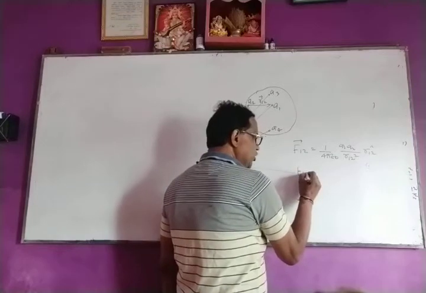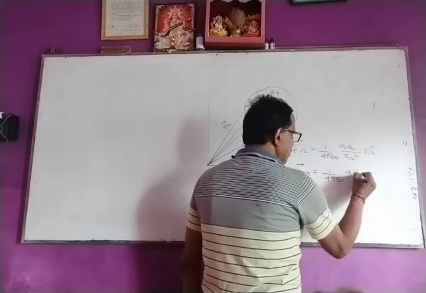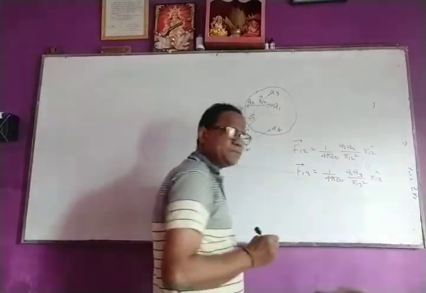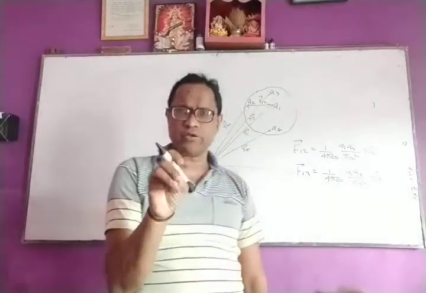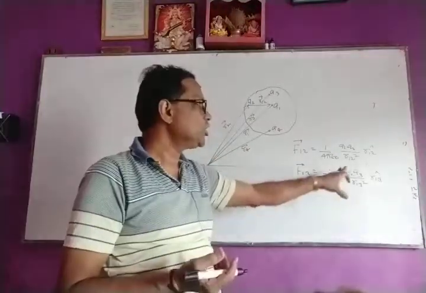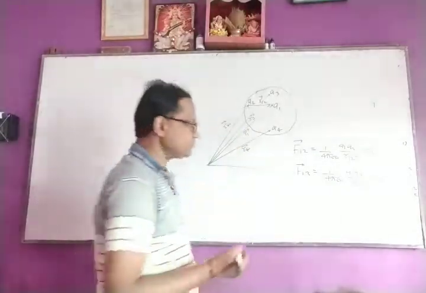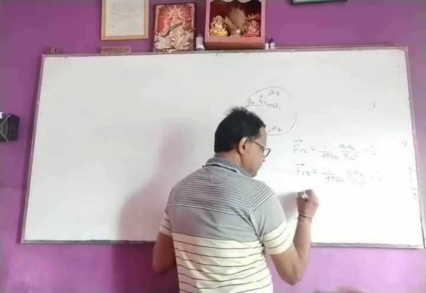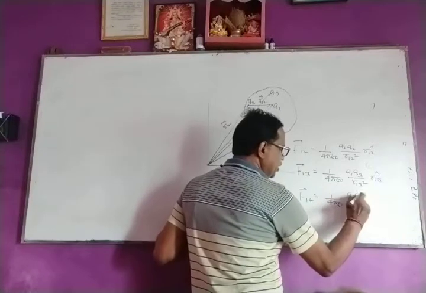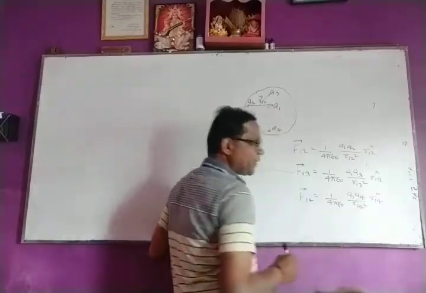Similarly, force on q1 due to q3: F13 is equal to 1 by 4 pi epsilon naught q1 q3 by r13 whole square into r13 cap. Then F14 is 1 by 4 pi epsilon naught q1 q4 by r14 whole square r14 cap.